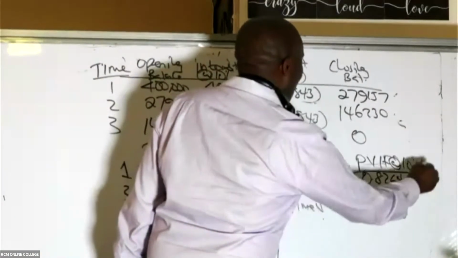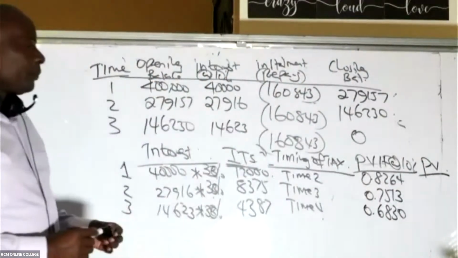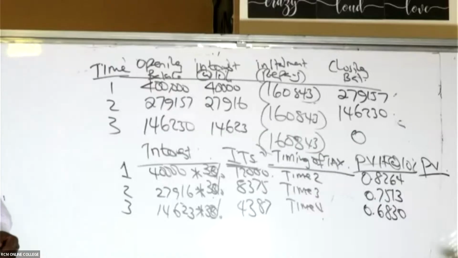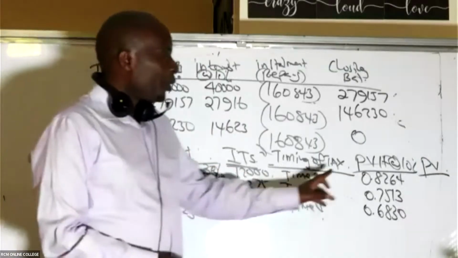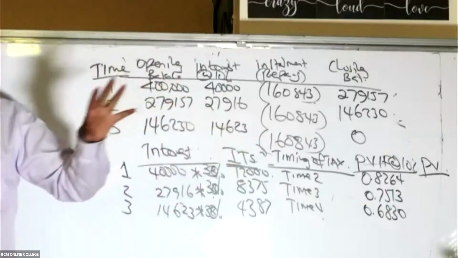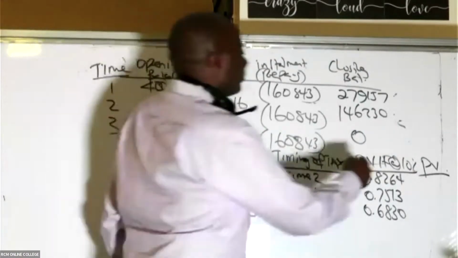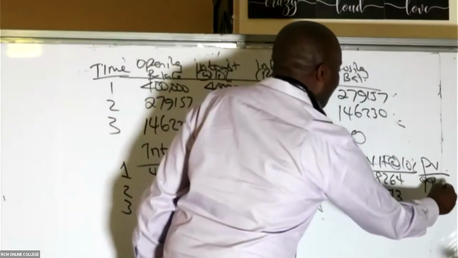So then are you able to give me the present values? Is there somebody who is able to give me the present values? So you take this times 0.8264, give me an answer I write. 9917.